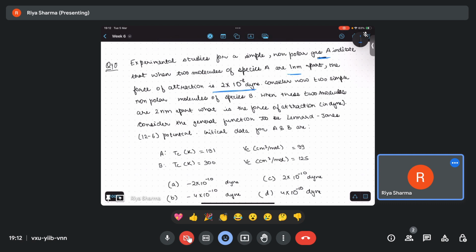So the force is there. Consider two non-polar gas species B. What is the force? So it is saying that there are two more non-polar gases.